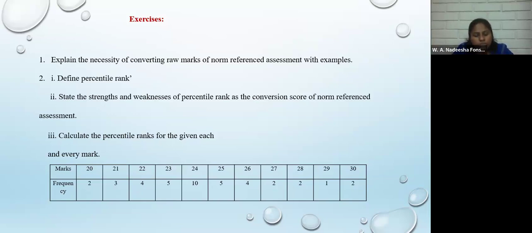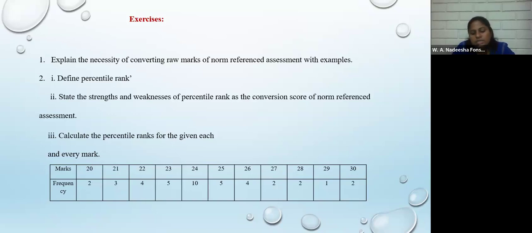Otherwise, as I told you, in subjects like civics there are only 2 periods per week, but in the main subjects there are 5 or 6 periods per week. So if we compare all those marks, assume one student took 90 marks for civics and 60 marks for maths.